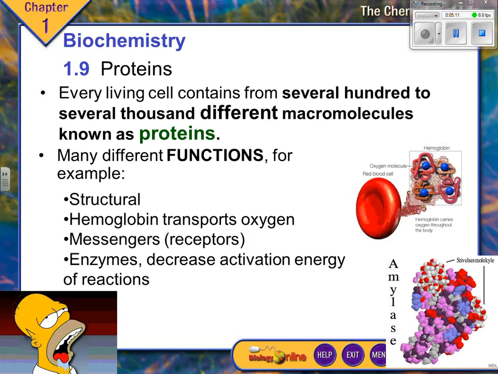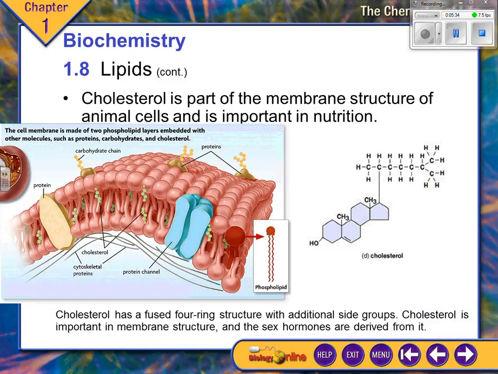So the proteins, there are a ton of them, and they do just a huge variety of different things. That's their function. For example, we have structural proteins. We have hemoglobin, a protein in our red blood cells that's attracted to oxygen. Messengers, we have little receptors. Remember, back to that membrane, didn't I say there were proteins in the membrane itself? Protein channels.